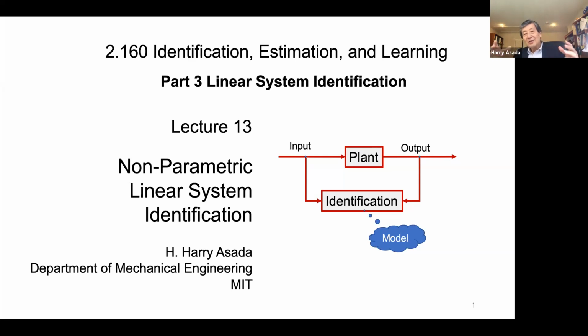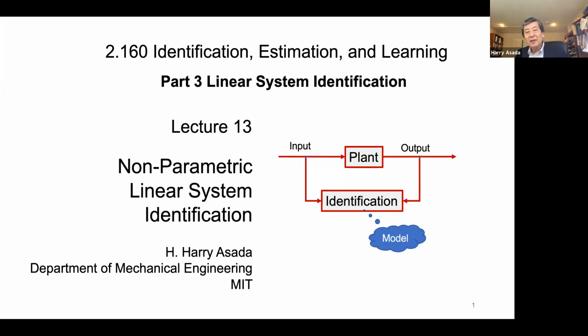So having said that, given some input to output, we'd like to build a model. This is very similar to learning. Learning and identification are very close, with a little different emphasis. Identification techniques have been developed more or less for linear systems, and learning emphasizes nonlinear maps, nonlinear systems.